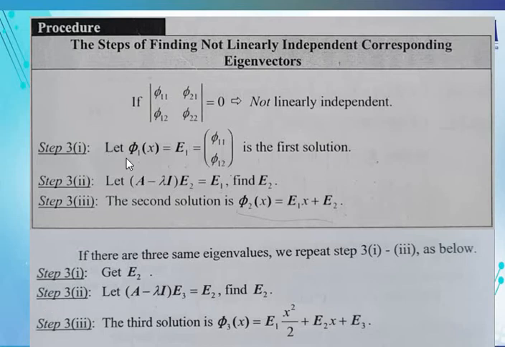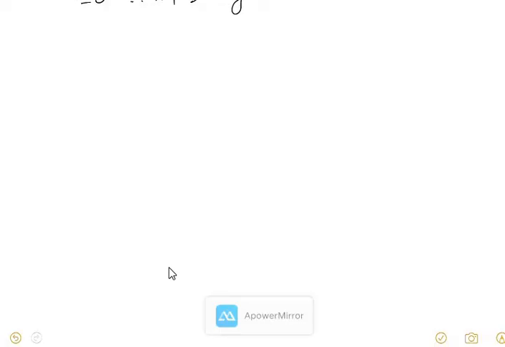So you assume first the eigenvector E1 is equal to 1, 1.